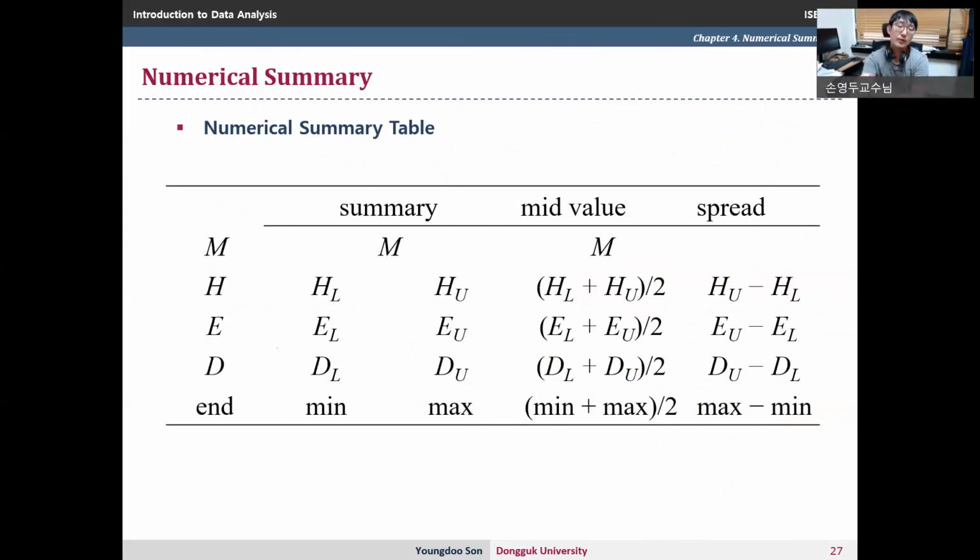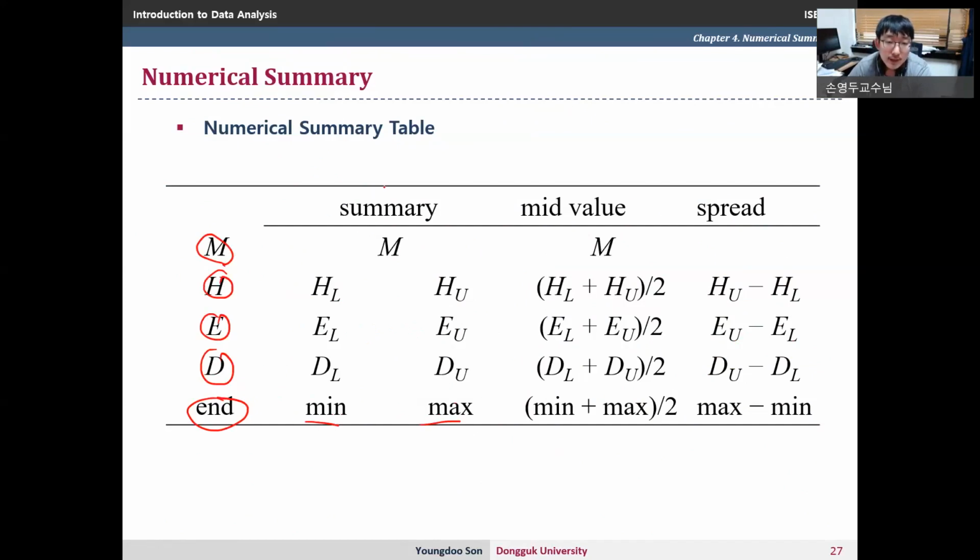And this is the last topic for today's class, the numerical summary table. The numerical summary table contains the values of the M, H, E, D, and the end. End means the minimum and maximum.